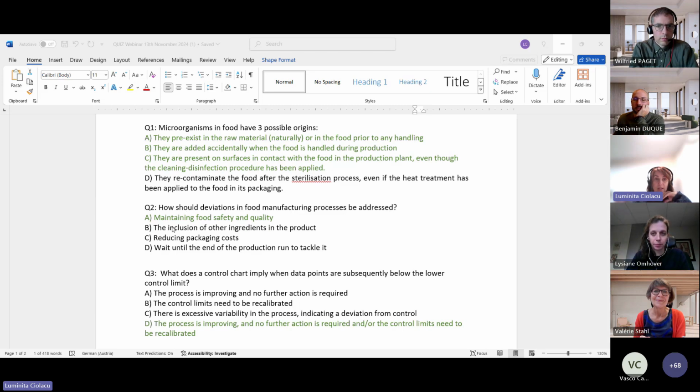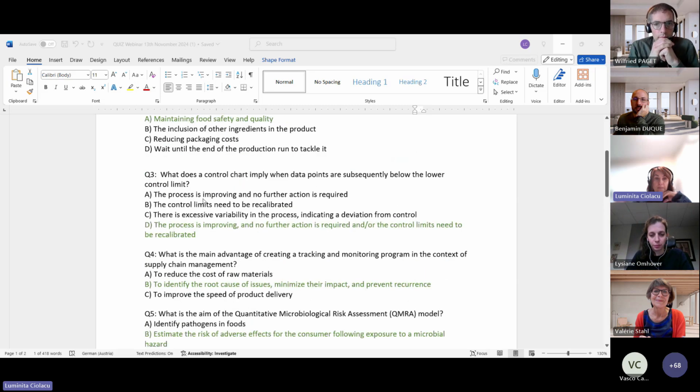And here you needed to say maintaining food safety and quality. The next one, what does a control chart imply when data points are subsequently below the lower control limit? And here the correct answer is the last one, the process is improving and no further action is required, or the control limit needs to be recalibrated.